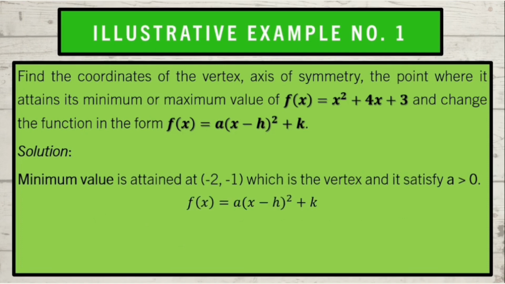Rewriting the function in the vertex form, f(x) = a(x − h)² + k, we have the function 1 multiplied by (x − (−2))² + (−1), or that is f(x) = (x + 2)² − 1. I hope you can follow in the discussion.